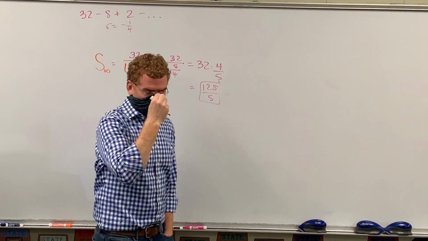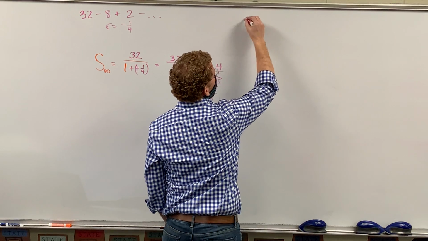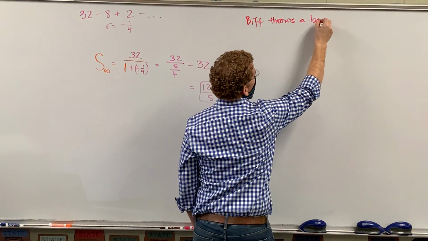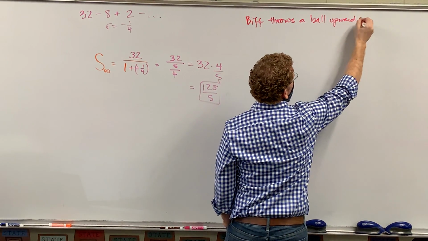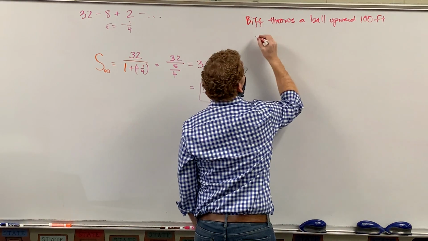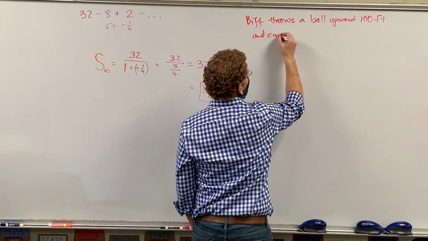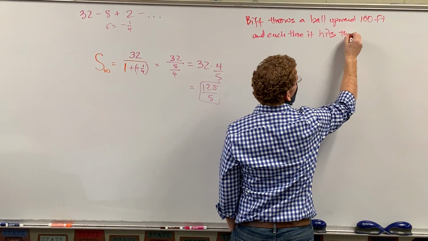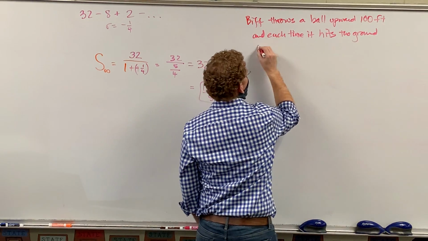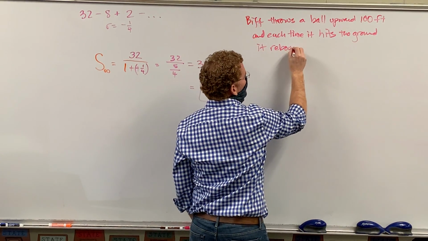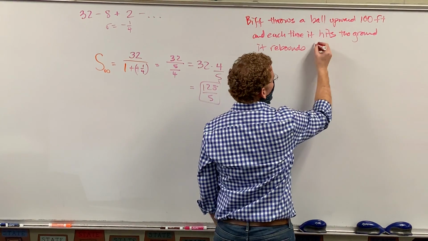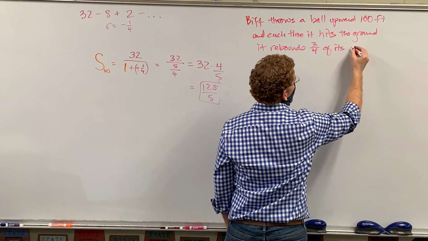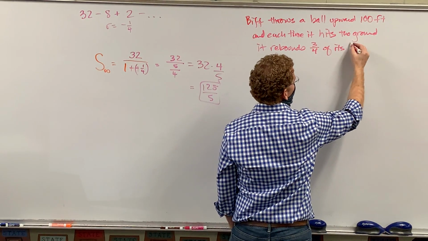What if a dude throws a ball, say Biff throws a ball upward 100 feet, and each time it hits the ground, it rebounds 3/4 of its height.